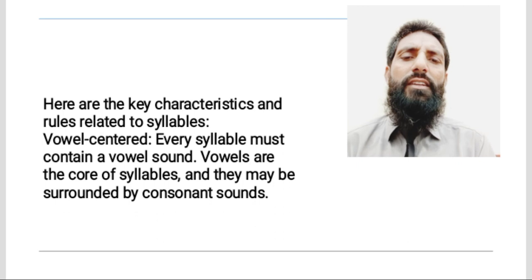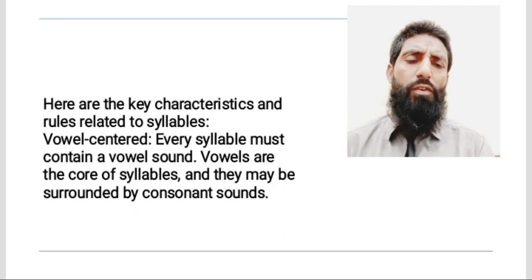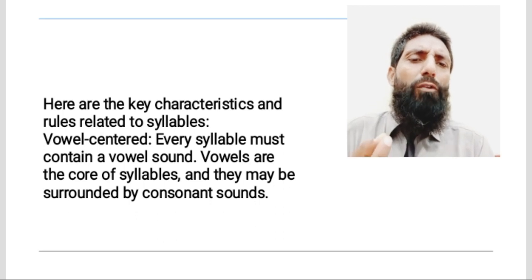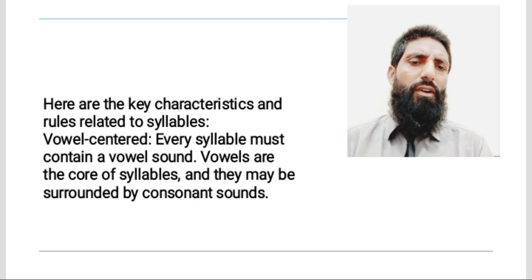Vowel centered: every syllable must contain a vowel sound. Vowels are the core of syllables, because a particular sound entirely depends upon the vowel, and if there are vowels, the words can be said to be syllabic.